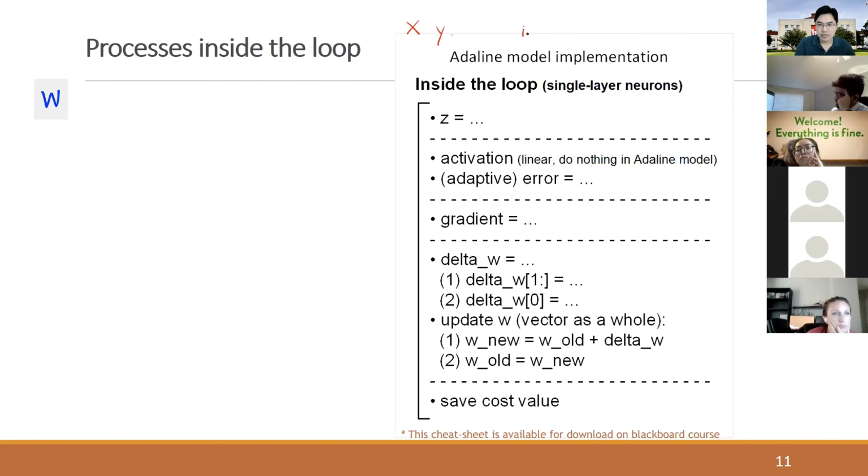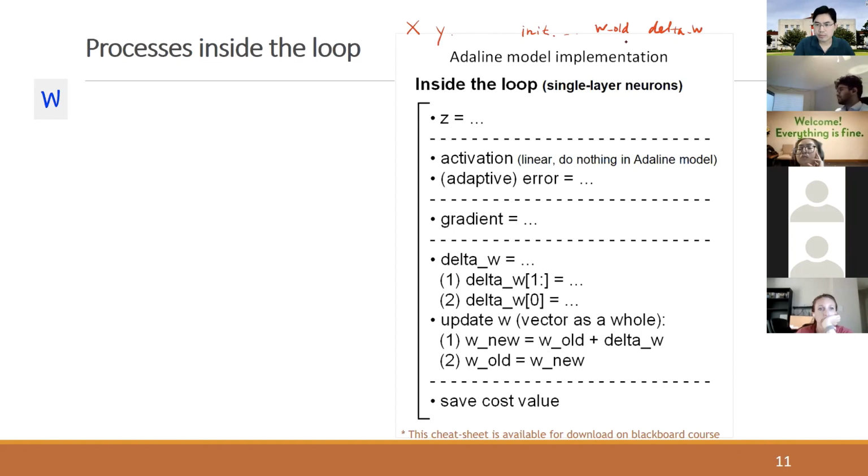We have the initialization process, init, which stands for initialization, including drawing the weights, the old weights, which will be updated. And we also have delta weights. These two have the same dimension.